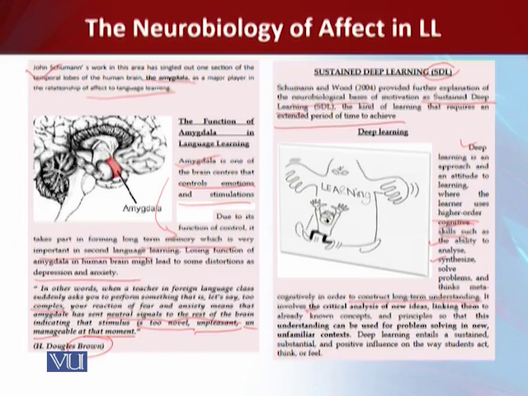It involves the critical analysis of new ideas, linking them to already known concepts and principles so that this understanding can be used for problem solving in new, unfamiliar contexts. Deep learning entails a sustained, substantial, and positive influence on the way students act, think, or feel.